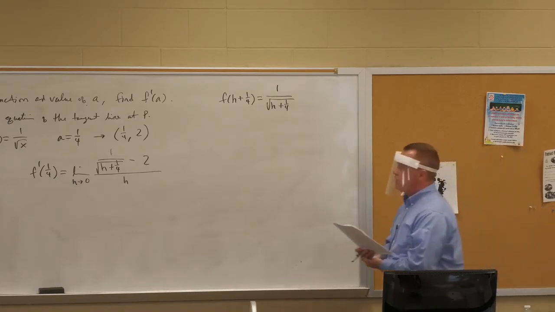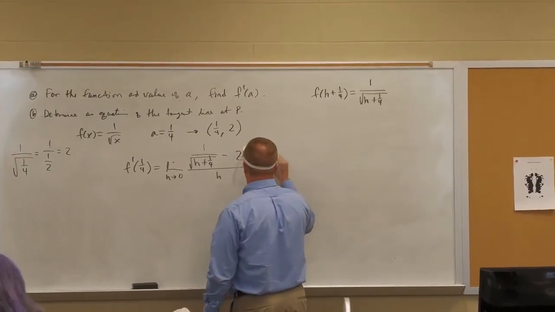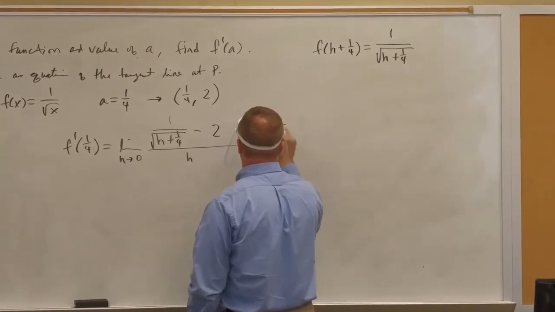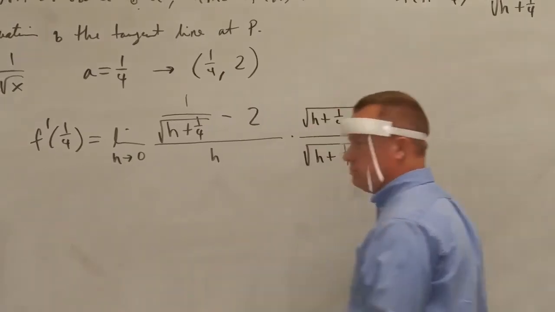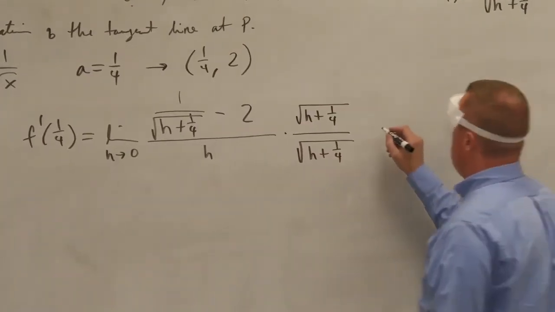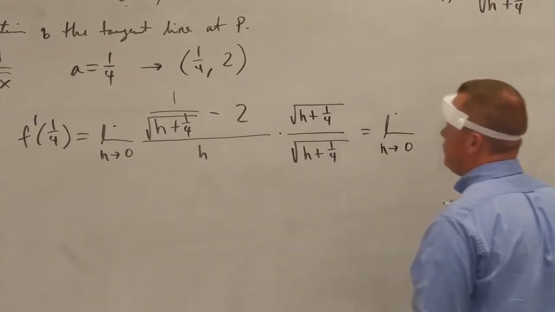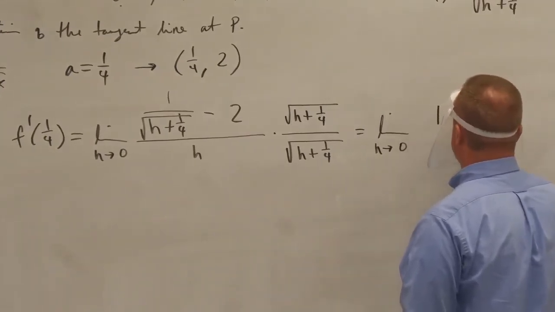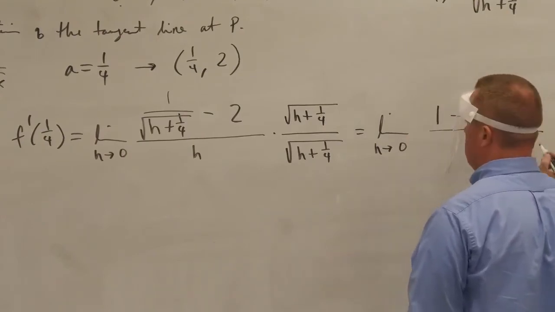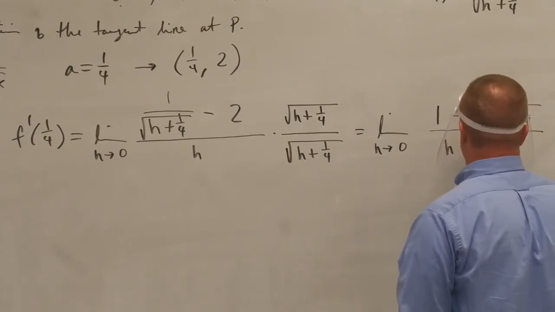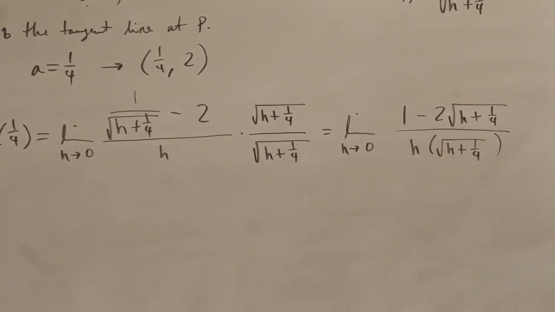Okay, get rid of the square root that's in the denominator maybe, because you've got fractions inside fractions. So I would multiply by the square root of h plus 1/4 over the square root of h plus 1/4 first. So this will be 1 minus 2 times the square root of h plus 1/4 over h times the square root of h plus 1/4.